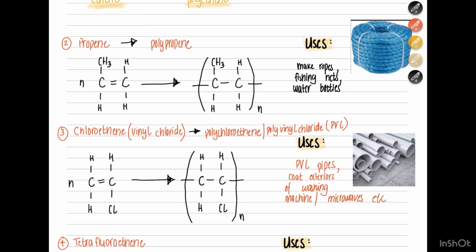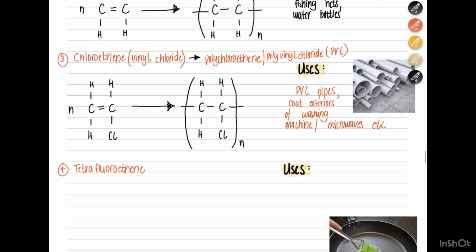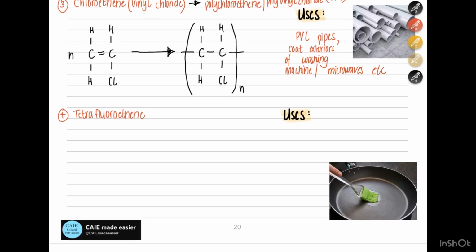Now moving on, we have tetrafluoroethene. So how do we do this? It says that it's ethene, so we have n number of double bonded 2 carbon atoms. Tetrafluoro, so it has 4 fluorine atoms. This undergoes polymerization, and the double bonds break.